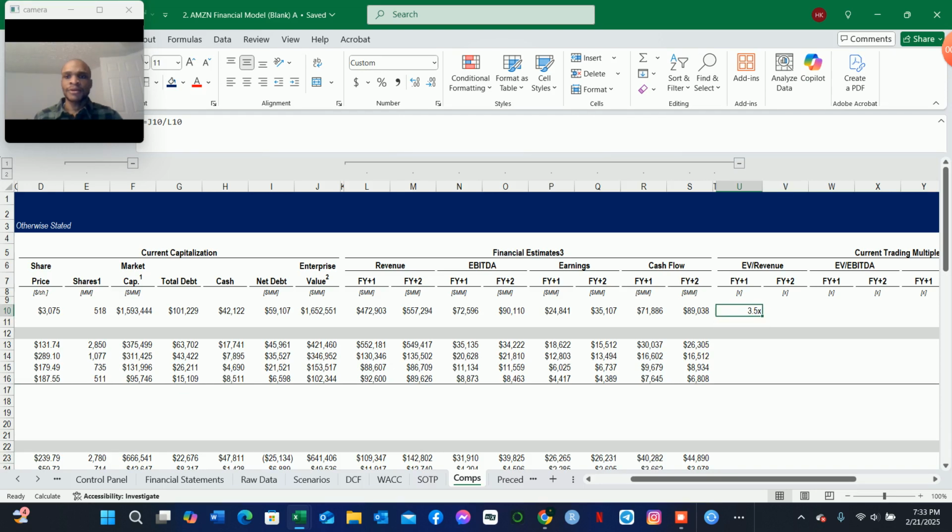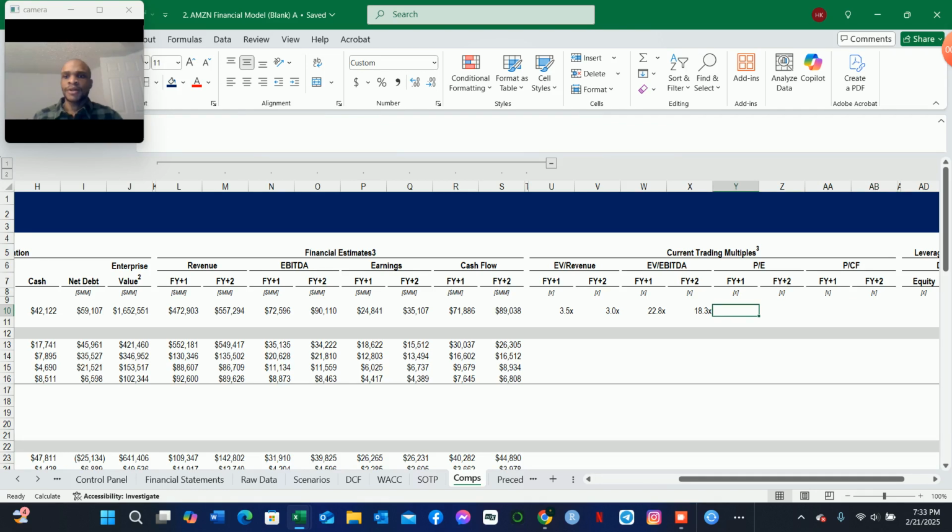In order to fill this right, we could just make sure that we are referencing, hit F2 and let us anchor the enterprise value for Amazon with F4 once. And we can fill this right to the EV to EBITDA multiple for the fiscal year plus 1 and the fiscal year plus 2. Let us fill this right with Control R.